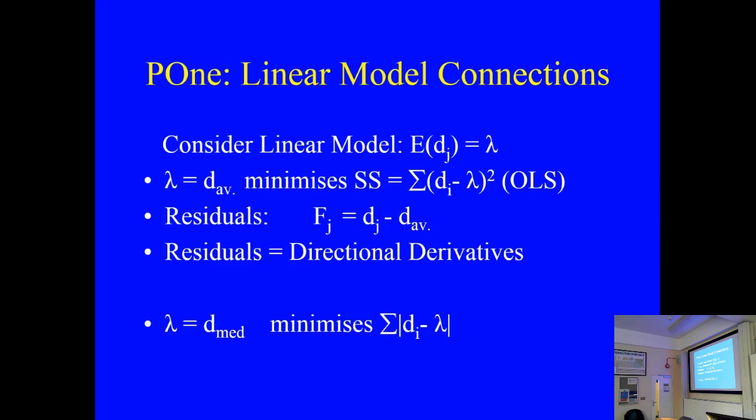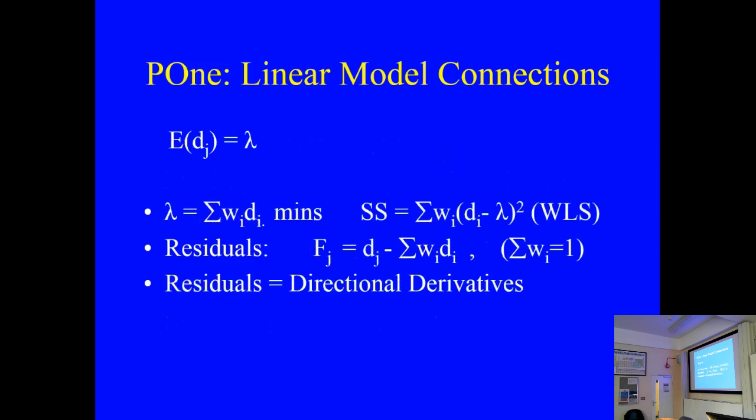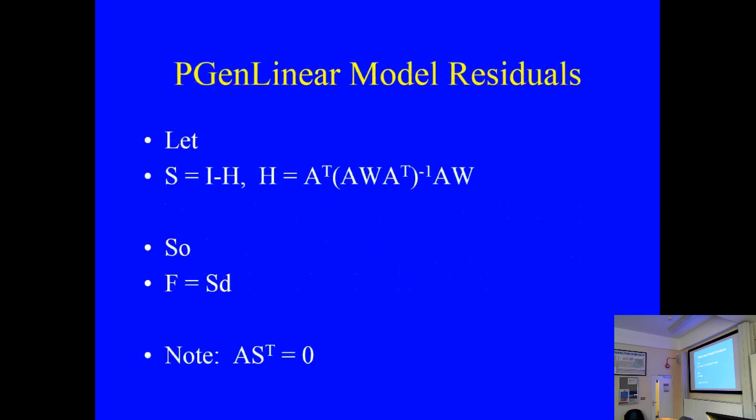Under such a linear model, the median would minimize the sum of the absolute differences. If we go for a weighted least squares, then we would get residuals equal to d_j minus sigma w_i d_i. The general implication is that residuals, for whatever choice of lambda we go for, are all directional derivatives.